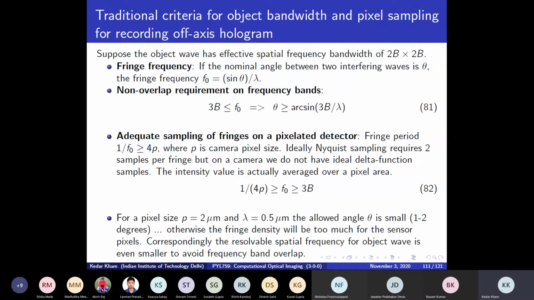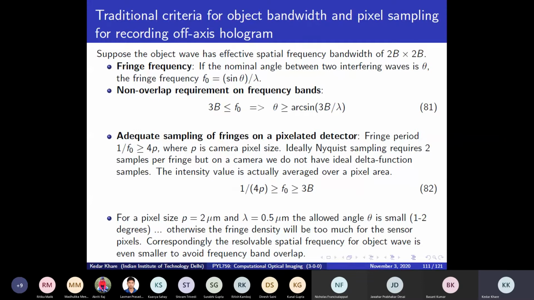Excuse me, sir. Sir, this upper bound of 1/4p, is it a thumb rule or has it been derived from some criteria? It is a thumb rule, but it is derived based on Nyquist rate, first of all, which means I need 2 samples per fringe, isn't it?